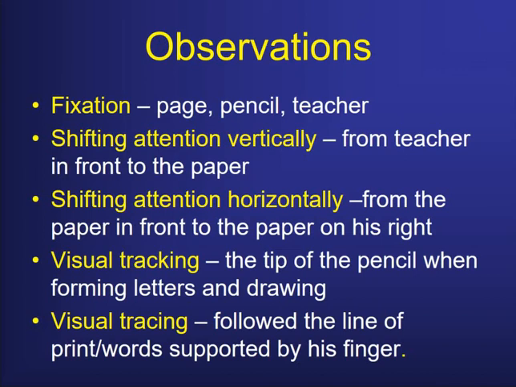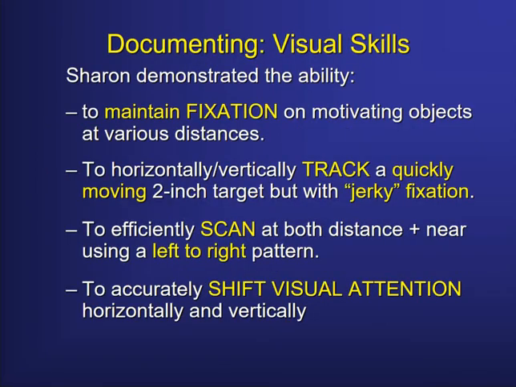While this observation yielded some good information, more time is needed with other tasks and the ability to watch his eyes. Being careful not to attempt to diagnose, what are some ways to document and describe visual skills? Here are some examples. Sharon demonstrated the ability to maintain fixation on motivating objects at various distances.